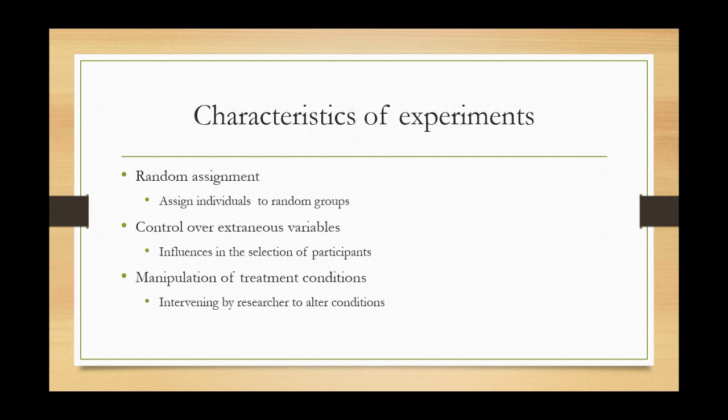So you have one group that you want to experiment on, for example, the one that you have grouped into using internet. Then you do a kind of manipulation, you alter certain conditions, to see if it brings an effect or an outcome. So that is another characteristic.